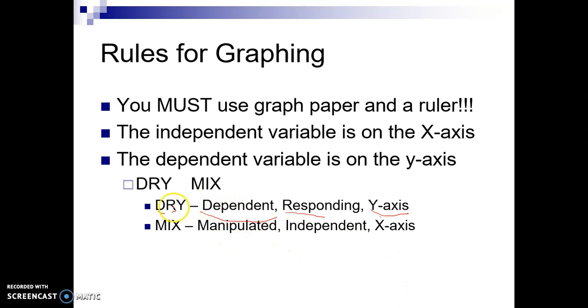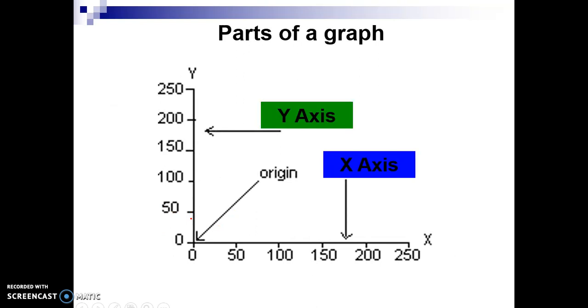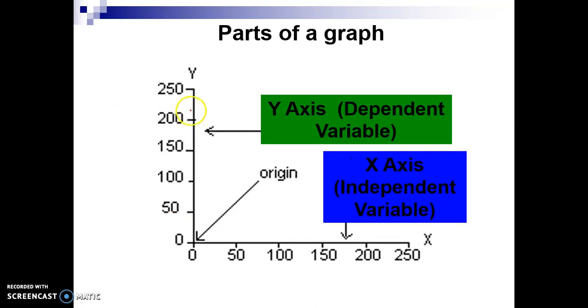So you need to remember DRY MIX. Dependent goes on y, independent goes on x. So on the y-axis, you graph the dependent variable, and on the x-axis, you graph the independent variable.